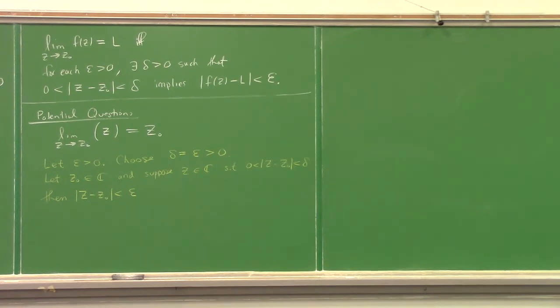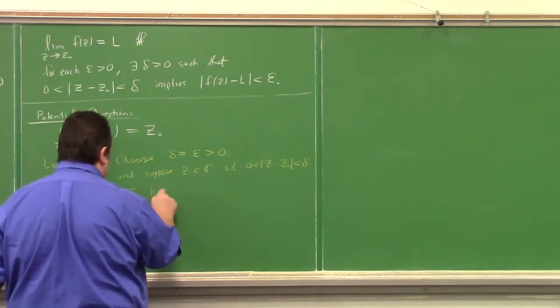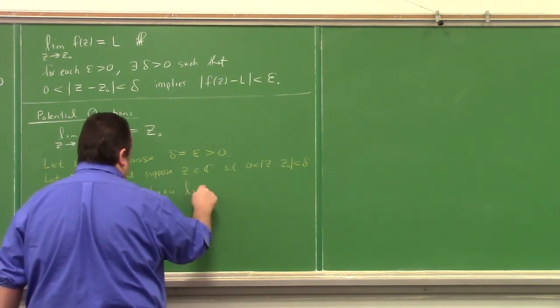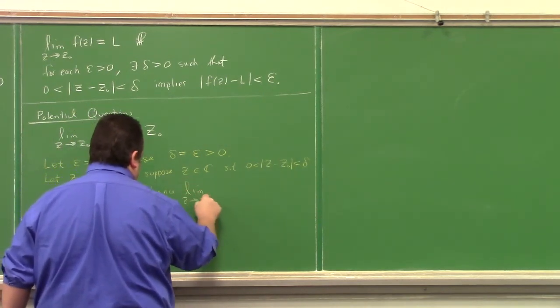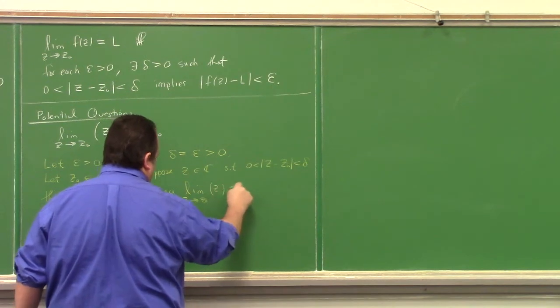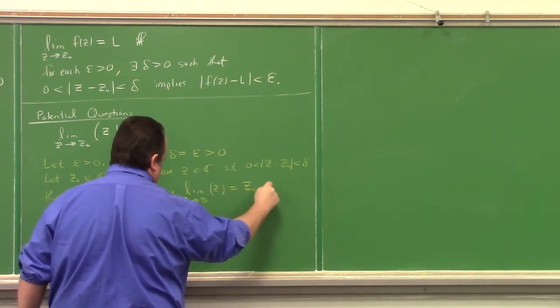So what I've done, I've now showed that the distance in the complex plane between z and z naught is less than epsilon for arbitrary positive epsilon. I've showed that you can select z close enough to z naught, within delta units of it, to make it so. And so therefore, by the definition, hence the limit as z goes to z naught of z is equal to z naught.